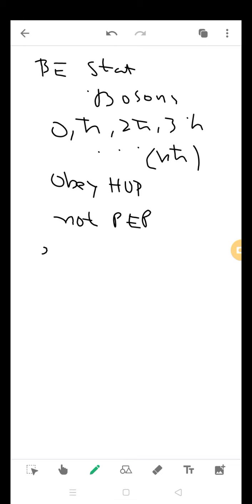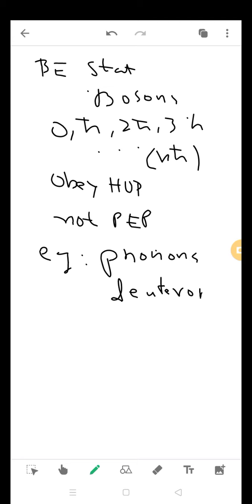The examples of bosons apart from photons are phonons, the quanta of lattice vibration, then you have deuteron, pi meson, and alpha particles, that means the helium-4 nucleus.